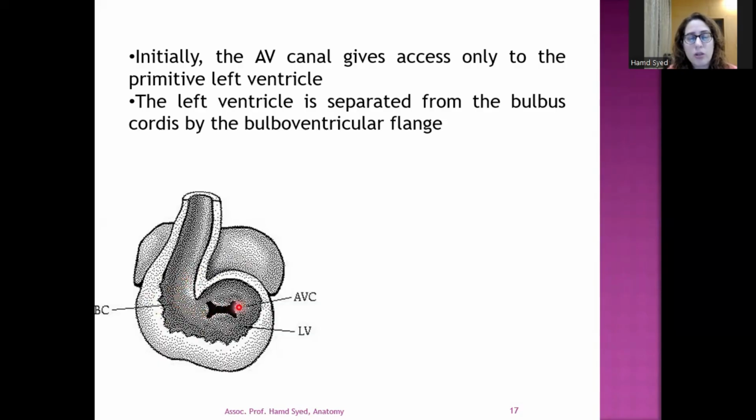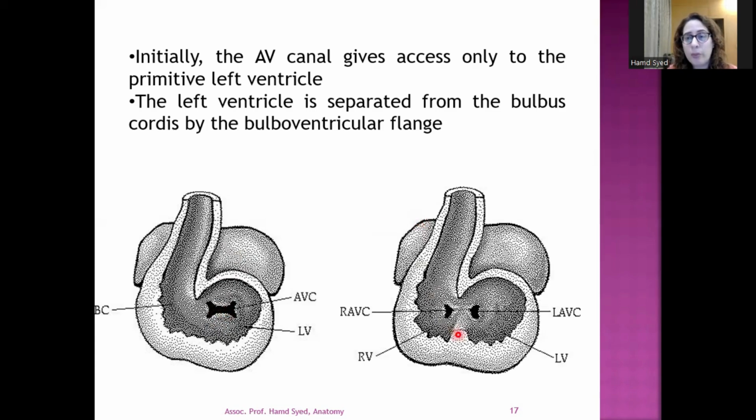So the right ventricle and future left ventricle are separated by this bulboventricular flange, and the left ventricle is communicating with the cavity of the common atrium through this passageway, which is the common atrioventricular canal in the initial stages of development. Later on, this common AV canal is going to be subdivided into two distinct separate openings or passageways, which will be between the respective ventricle and atrium.